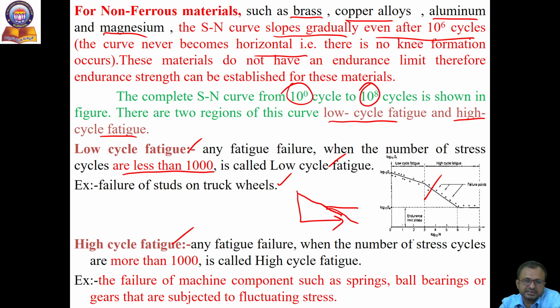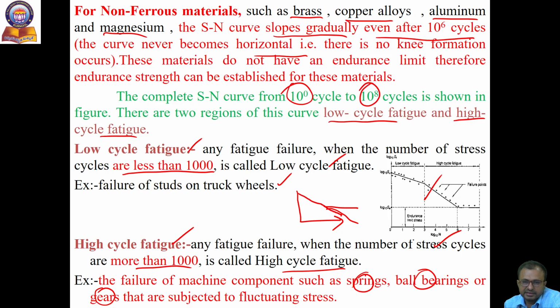The other one is high cycle fatigue. A fatigue failure when the number of stress cycles is more than 1,000 is called high cycle fatigue. Examples are failure of machine components such as springs, ball bearings, and gears that are subjected to fluctuating stresses.